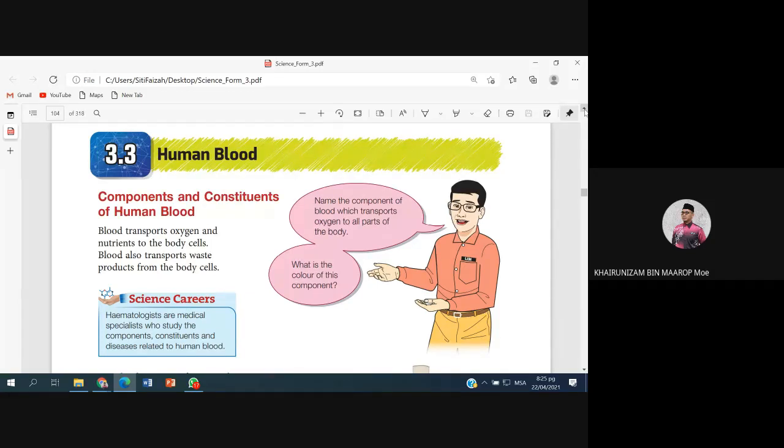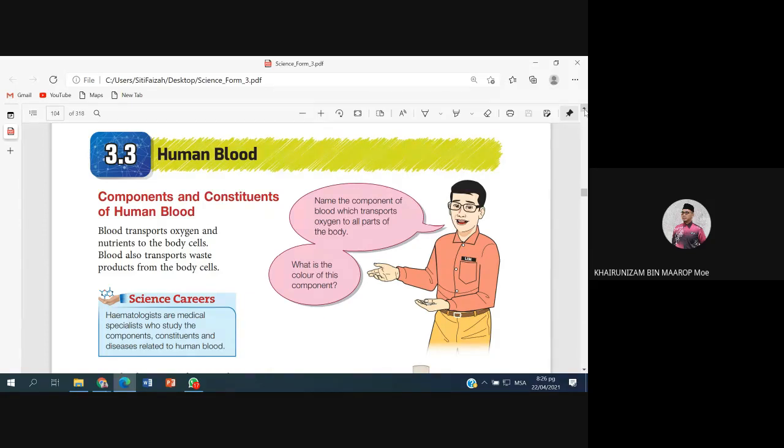The component of the blood. So before that, you must know the average human has 4 until 6 decimeters cube of blood calculating in the body. Okay, the blood function to transport gas.